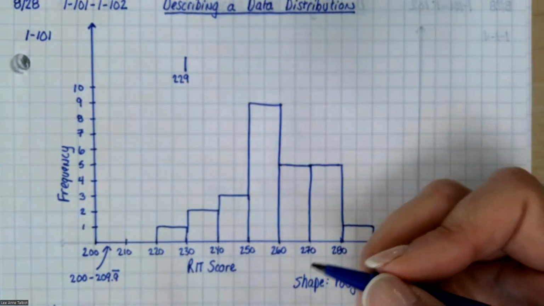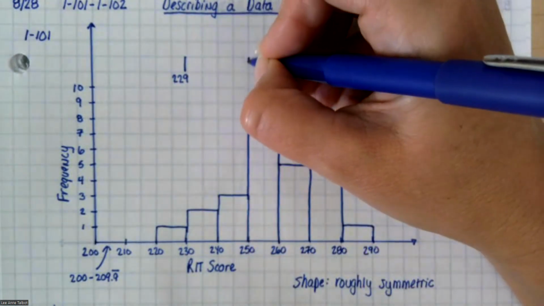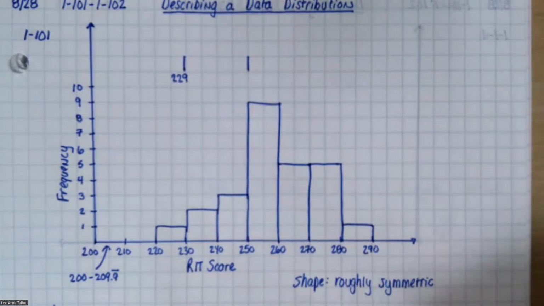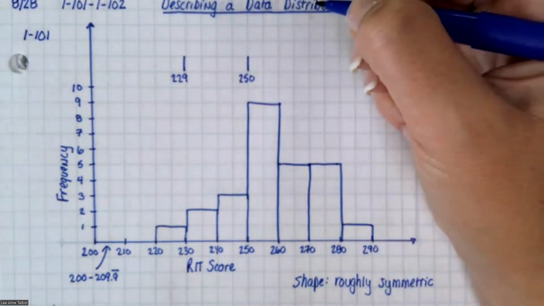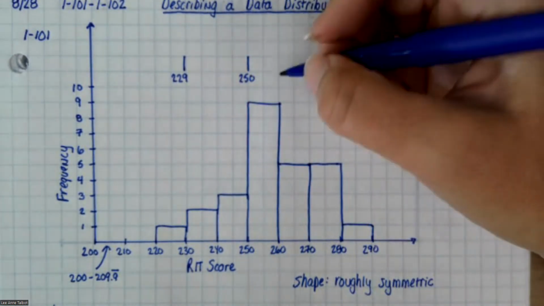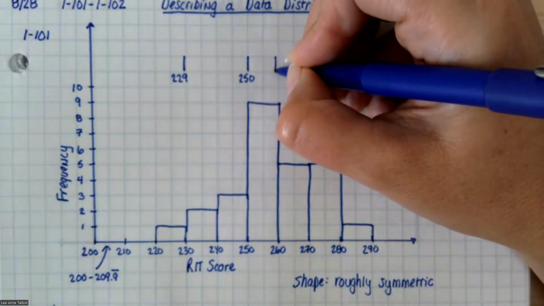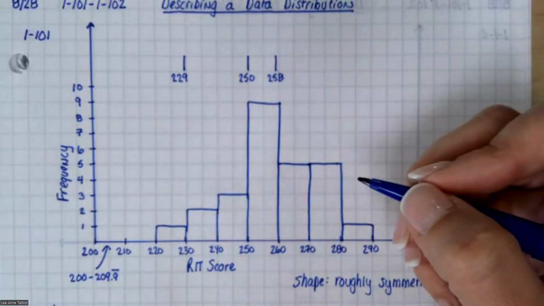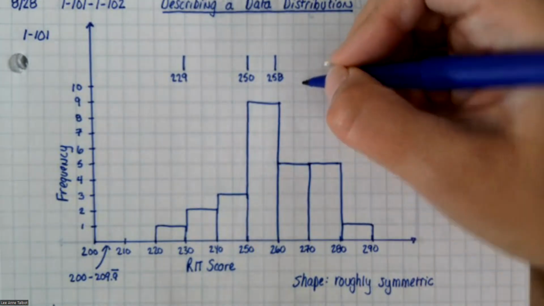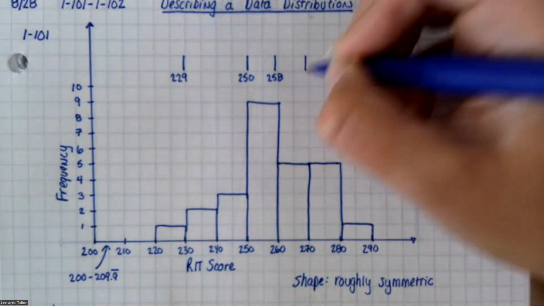And then quartile 1 is 250. That's a nice, actually on a line. That's good. And then my median is 258, which is about here. My quartile 3 is 268, which is about here.